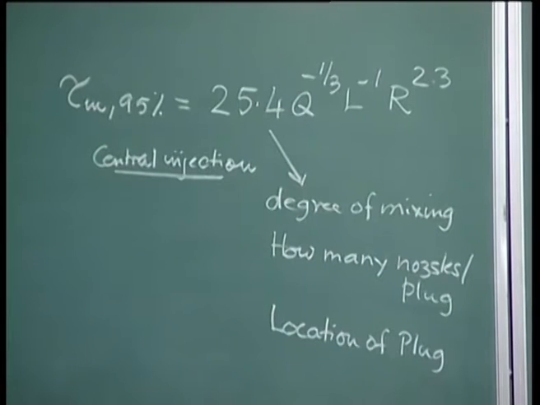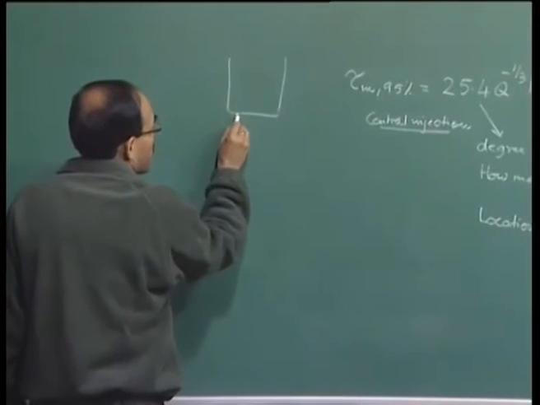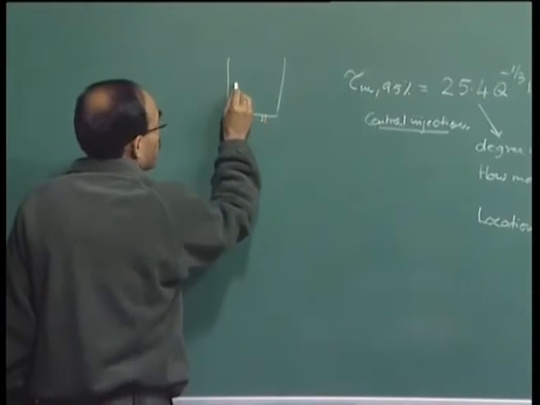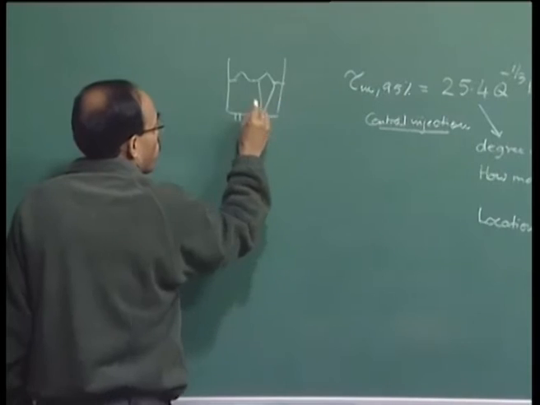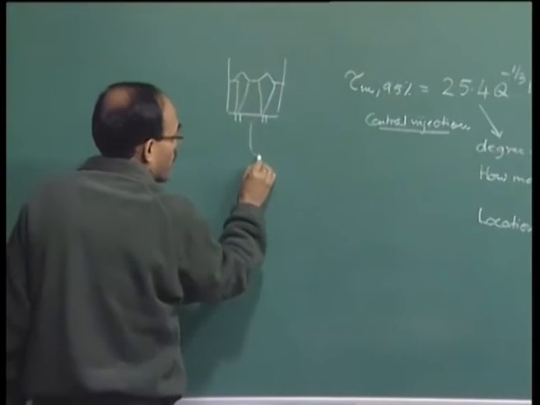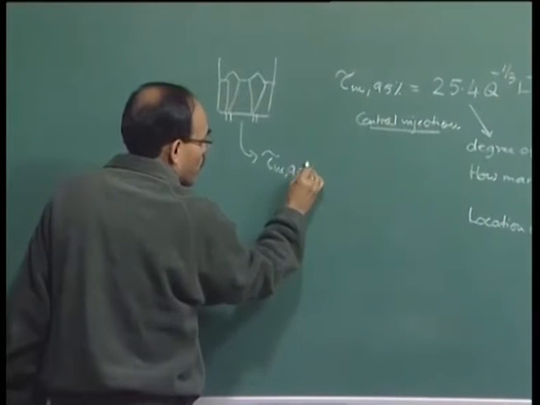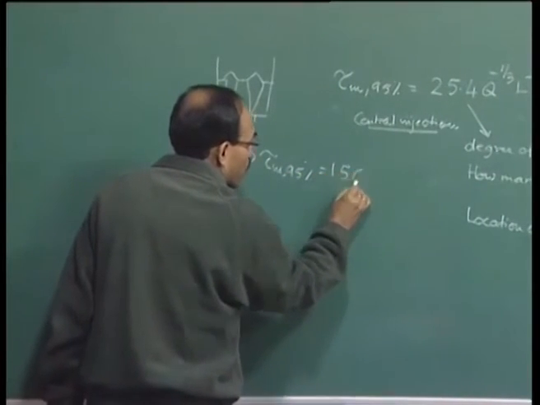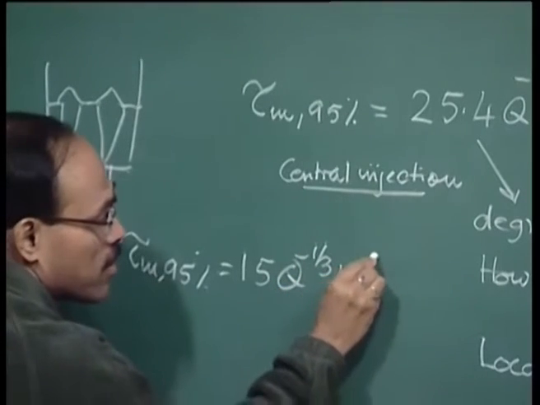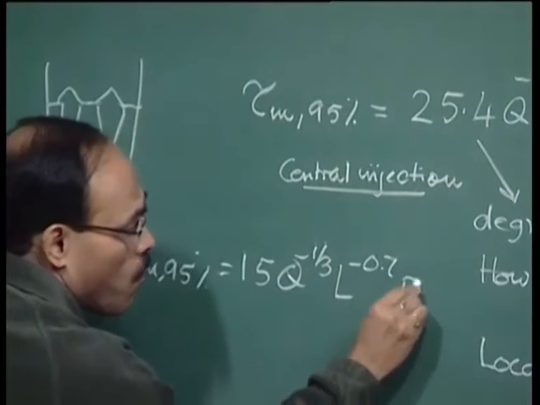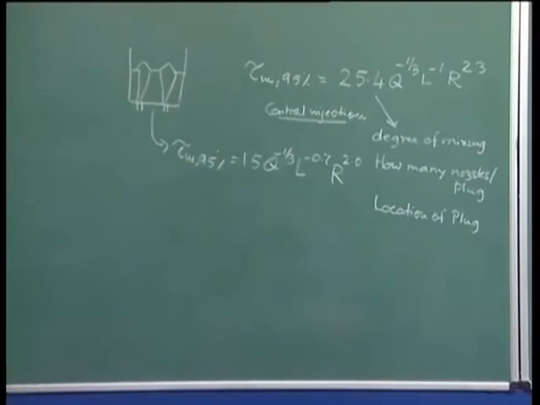Actually, when we have, for example, a ladle with two different porous plugs, the correlation for mixing assumes a form very similar to the one shown above.